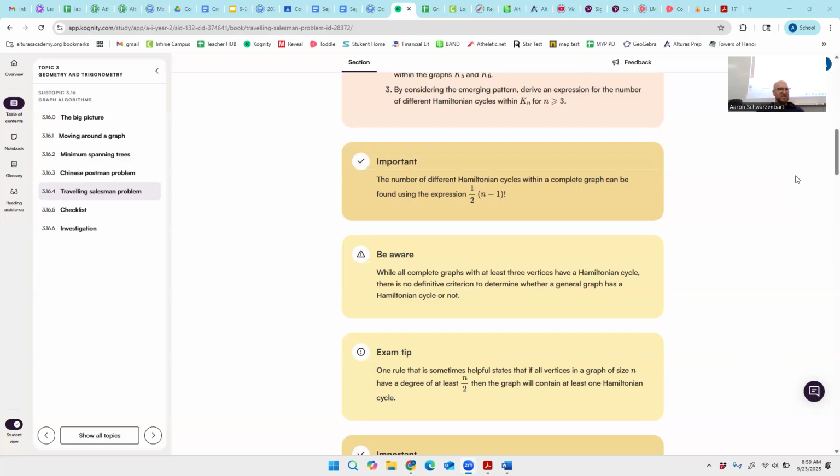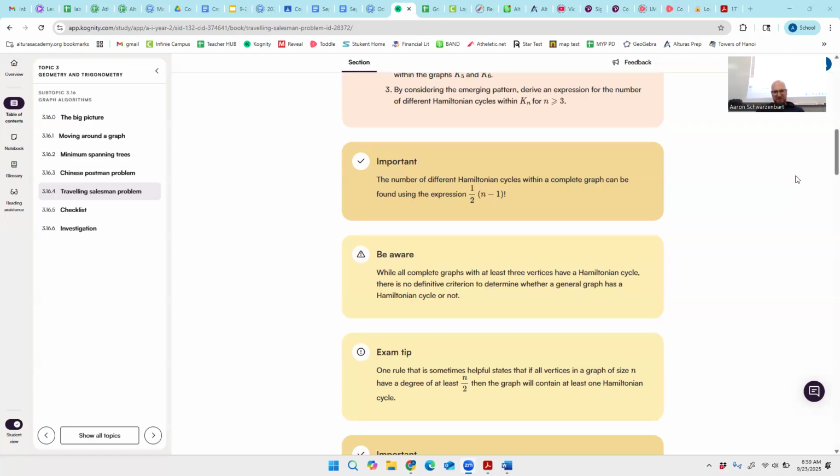Everything connects directly, correct? There's an edge from each vertex to every other vertex. So if it's a complete graph with at least 3 vertices, there is a Hamiltonian cycle. If it isn't, we don't necessarily know.